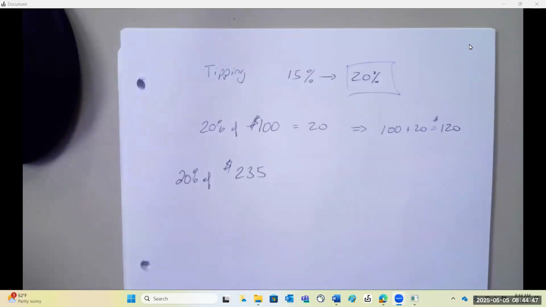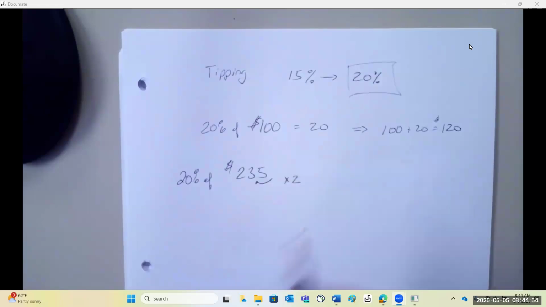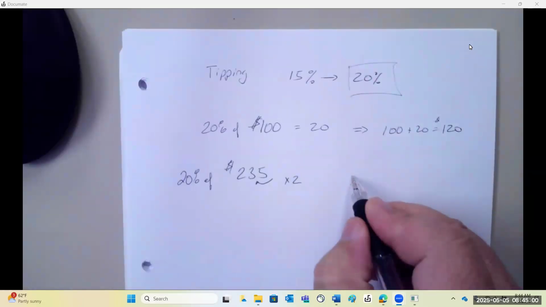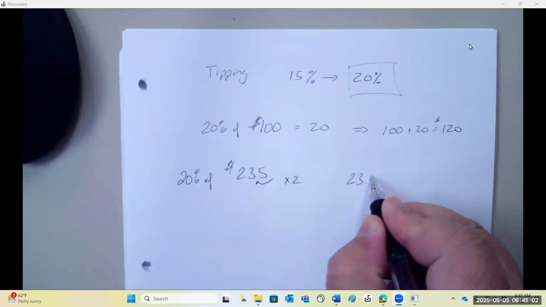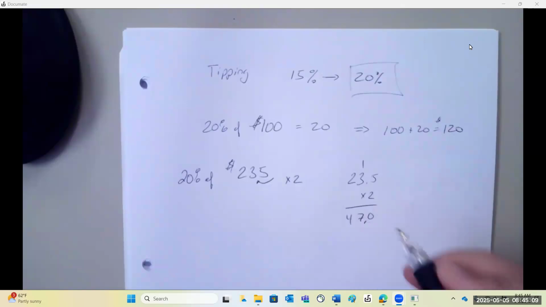Typically, the easiest way to determine a tip is move the decimal place over one spot and times 2. So $23.50 times 2 is $47.